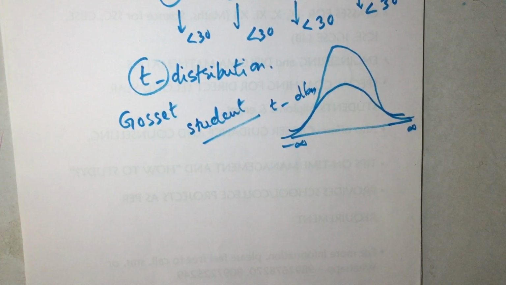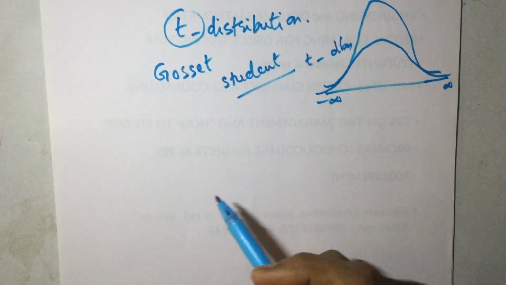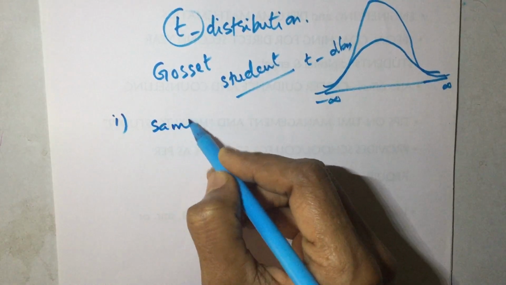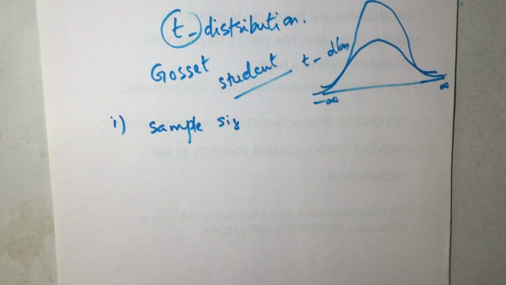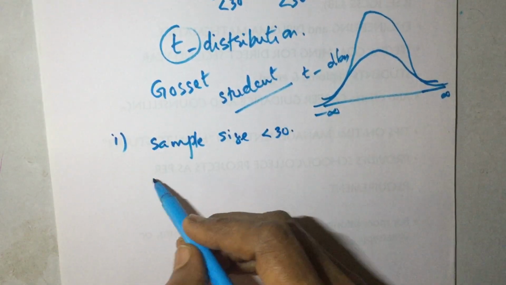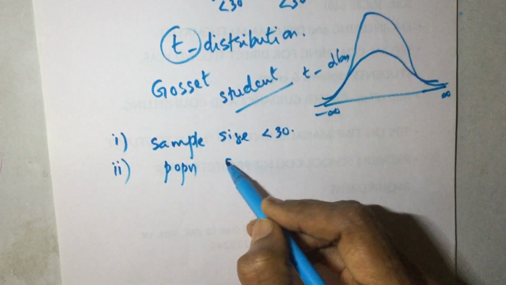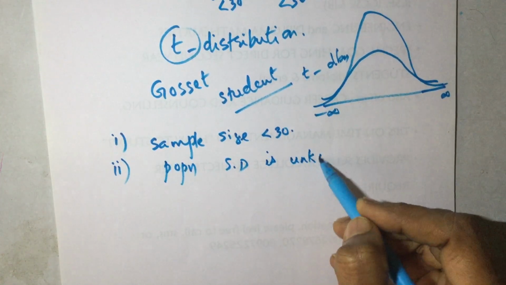Now, what is this Student distribution, and when is it used? It is used when the sample size is less than 30, and mainly when the population standard deviation is unknown.